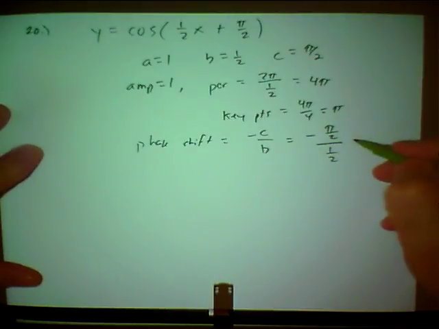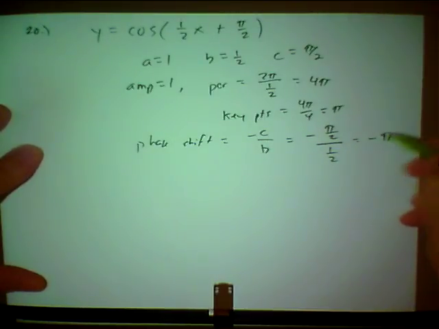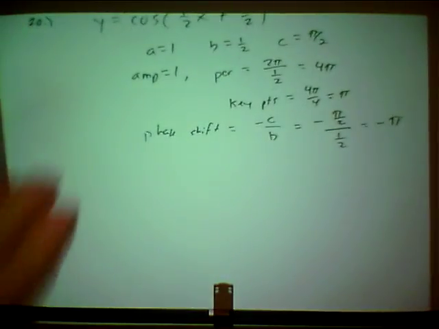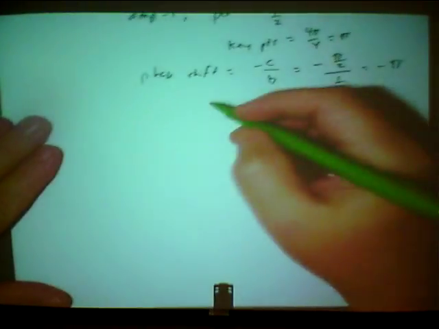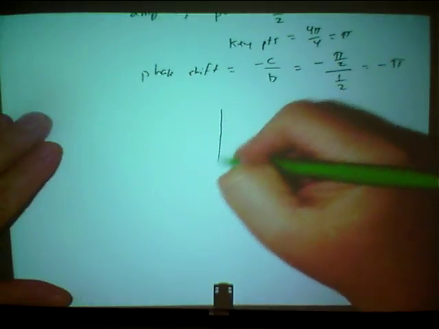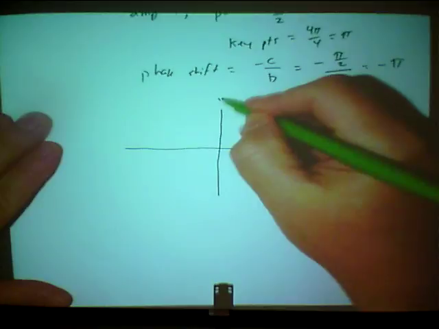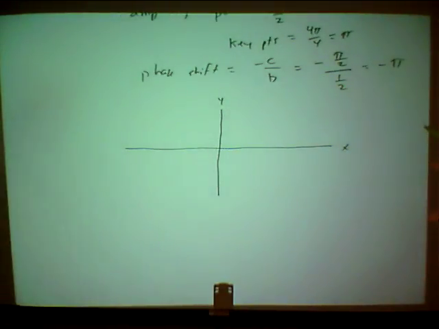When you do this math, you end up with just negative pi as my phase shift. All right, so let's see if we can figure out how to graph this. This one might be a little tricky. What I'll probably do is sort of lightly sketch in the graph without the phase shift, and then try and apply the phase shift and see what happens.